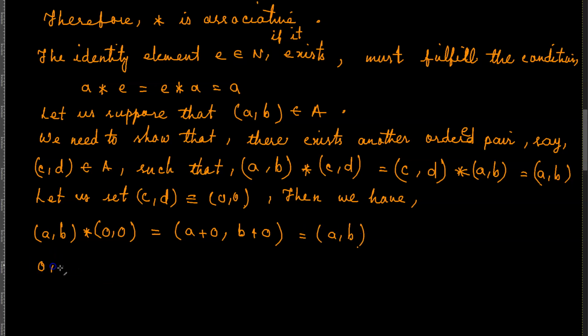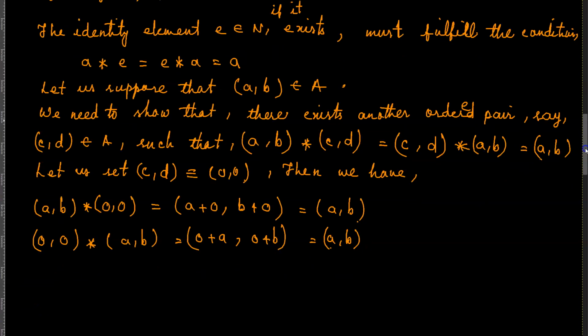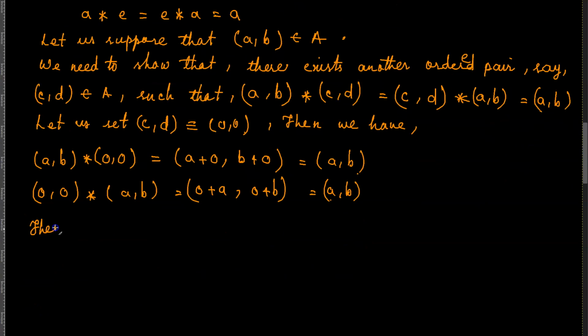Now if I write (0, 0) star (a, b), that's equal to (0 plus a, 0 plus b), which is equal to (a, b). Therefore, (0, 0) is the identity element in A.